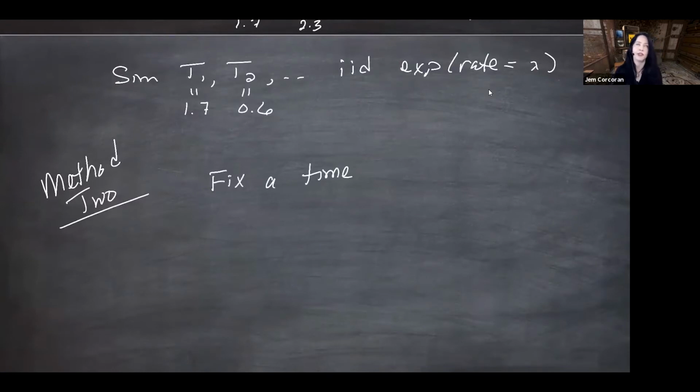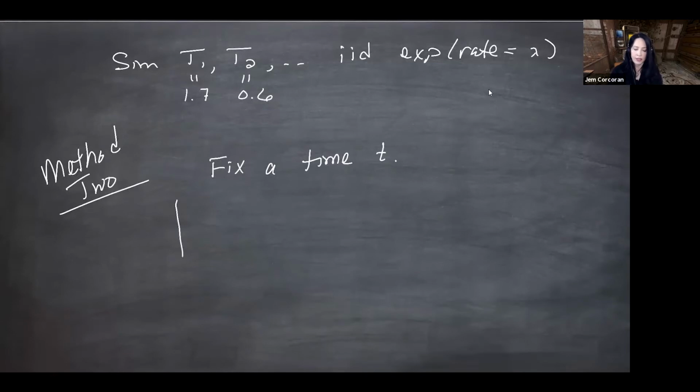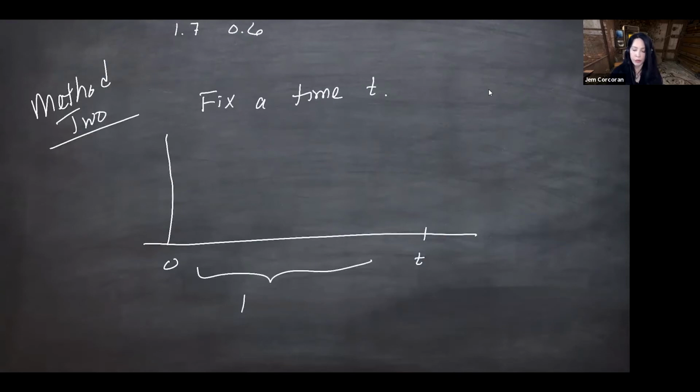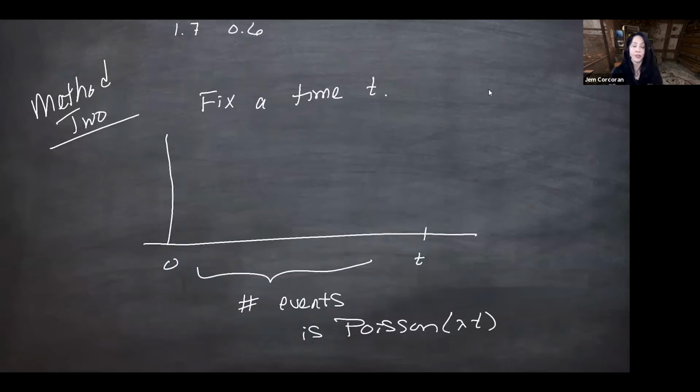I really want to call this capital T, but that makes it look random, and it's not. So I'll just call it little t. And then you look at the interval from 0 to t, and you know how many events should appear there. It should be a Poisson number. So the number of events, or x's, as I keep drawing them, is Poisson with parameter lambda times t. And that is a discrete distribution that we now know how to simulate from.